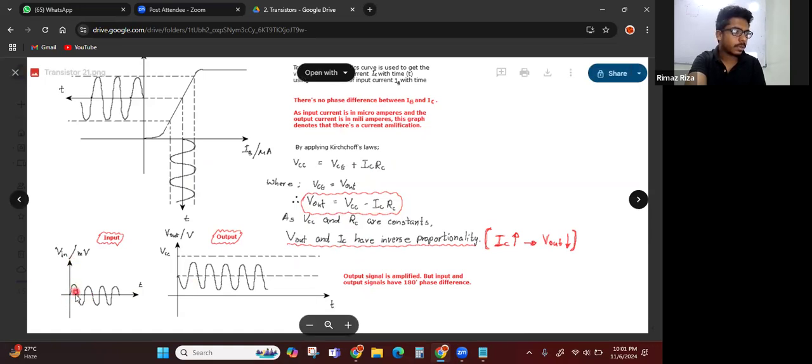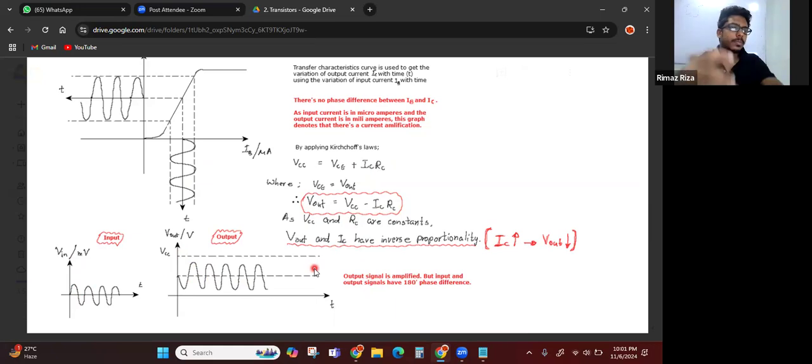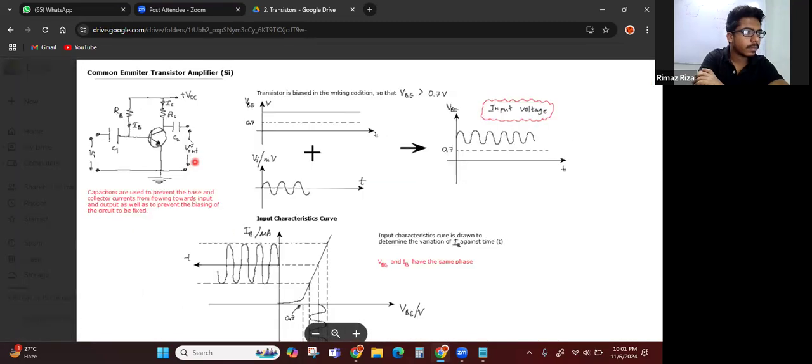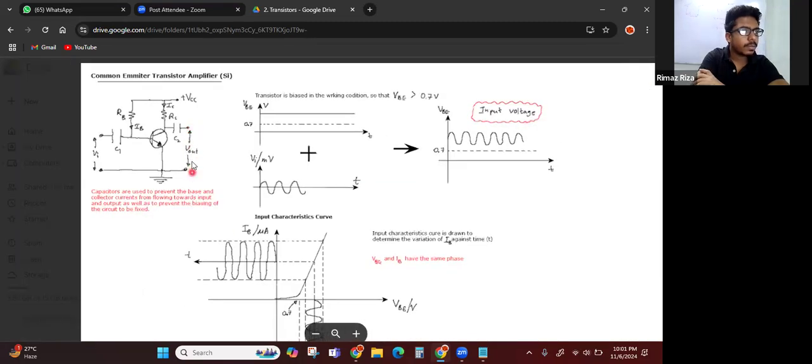So this is the input current, how it varies, this output. Since we are taking this as the output.